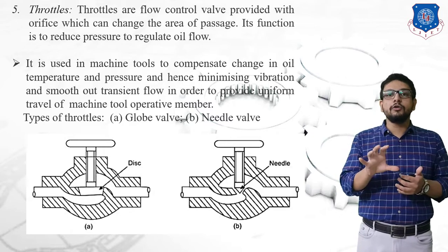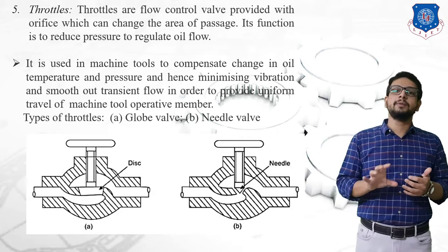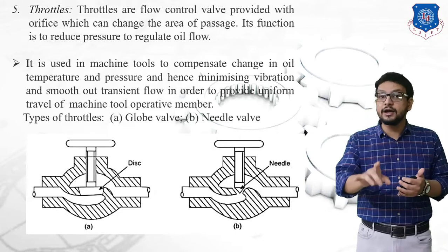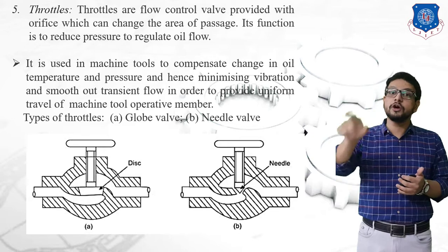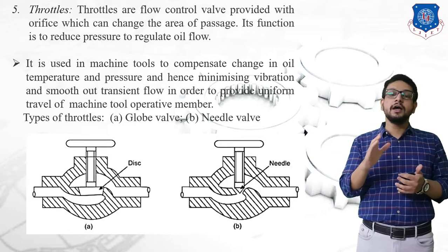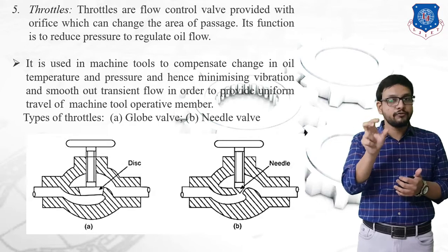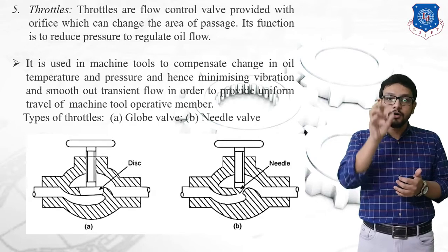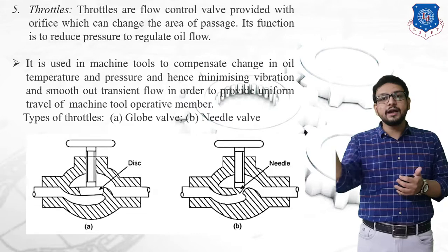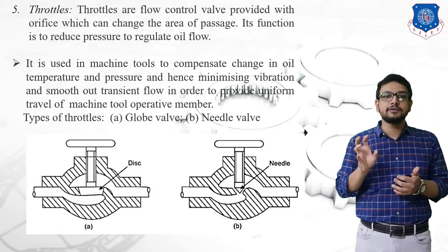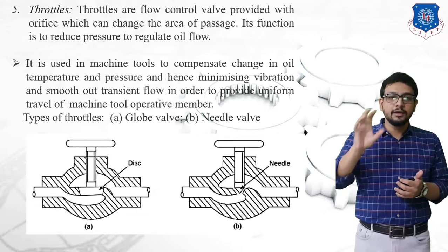Now, throttling, or pressure reduction, can only take place if we reduce the area of the passage through which the oil is flowing. So high pressure oil enters and tries to pass through the narrow passage, that is, the orifice which has formed because of the opening of the disc, and finally at the exit from the disc, pressure reduction will take place.